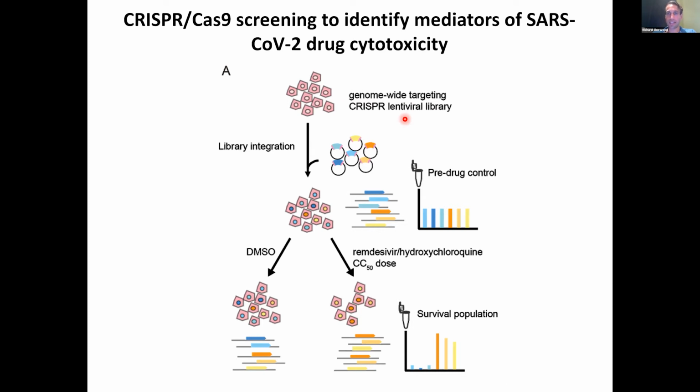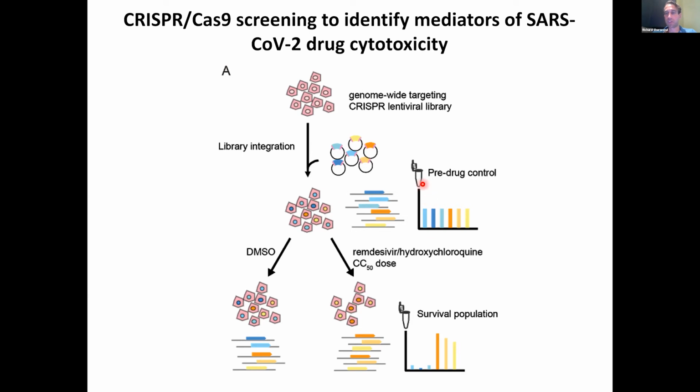We had them synthesized in one pool and cloned them into a lentiviral library that includes Cas9 and that guide RNA sequence, and then infected them into a pool of cells such that every cell should express a different guide RNA, which means it should get a different mutation in its genome. The cool thing about this approach is that we can then figure out, for example, if there's a guide RNA that specifically kills cells when you give them hydroxychloroquine, then that guide RNA should drop out of the population when you dose the cells with hydroxychloroquine.